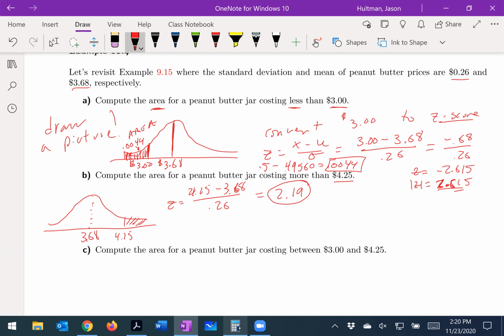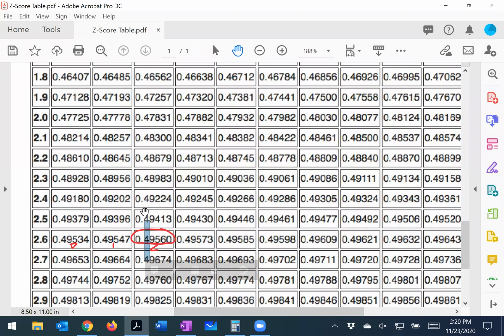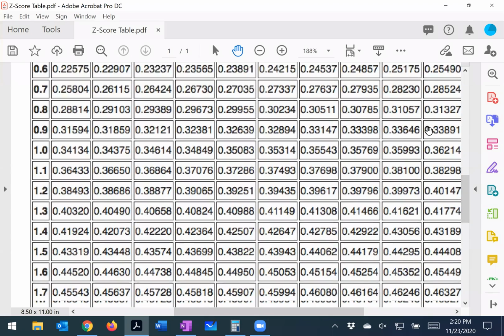So once again, I've got to look it up because I want the tail. Whenever I'm looking for the tail, it's 0.5 minus the table value. So this is 0.5 minus the table value for 2.19. What's the table value for 2.19? Okay, 2.1, and it's going to be all the way to the end here because this would have to be 9.